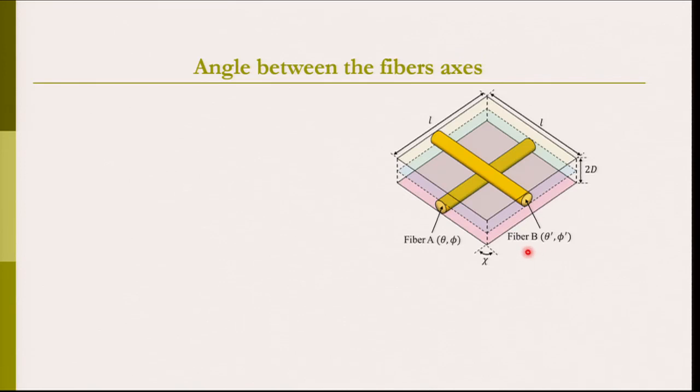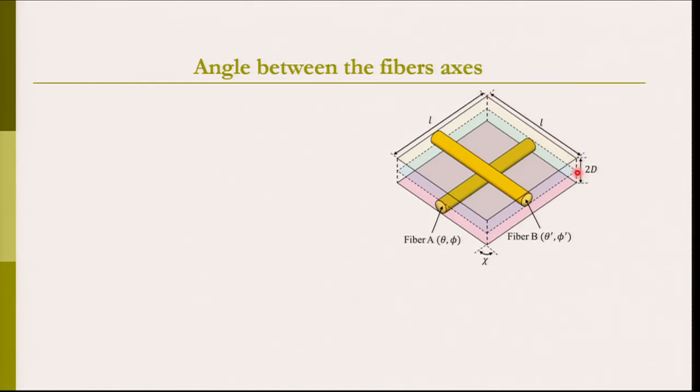When these two fibers come in contact with each other, they form a parallelepiped around their periphery, as you can see. This parallelepiped has a thickness 2d and the fiber length segment L, which is involved in forming it.